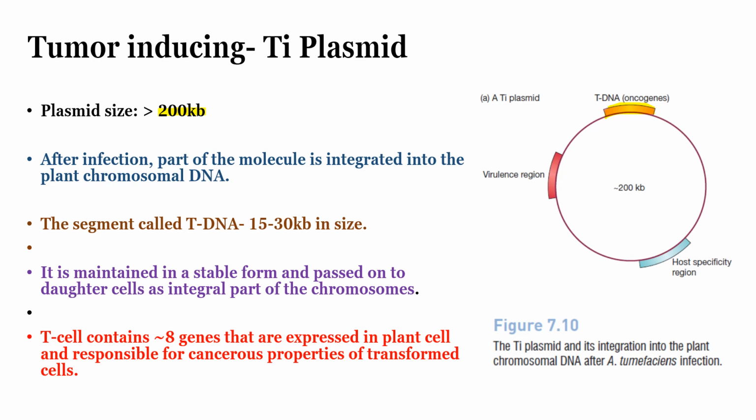The size of tDNA is 15 to 30 kb, and it is maintained in a stable form and passed on to daughter cells as an integral part of the chromosome. The tDNA contains 8 genes that are expressed in the plant cell and are responsible for the cancerous properties of transformed cells. This figure I have taken from the book by T.A. Brown, chapter 7.